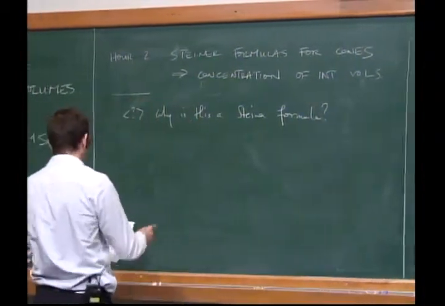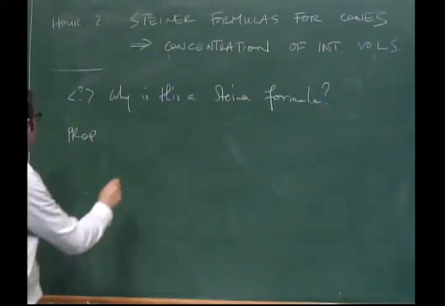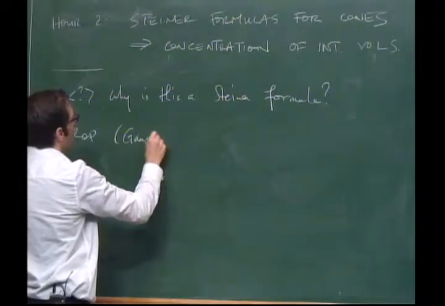So here's how this works. The proposition that I'm going to use to demonstrate that this is a Steiner formula is called the Gaussian Steiner formula for cones.